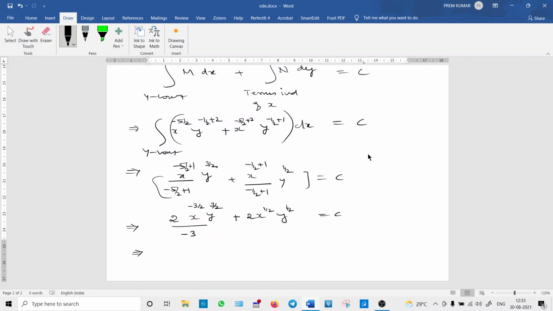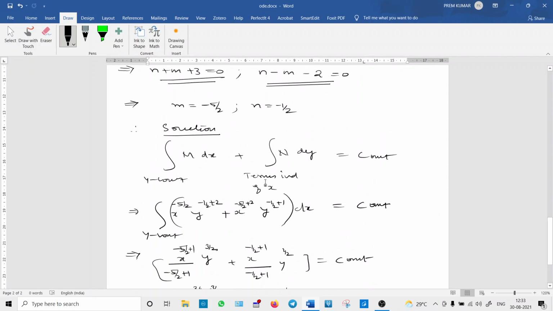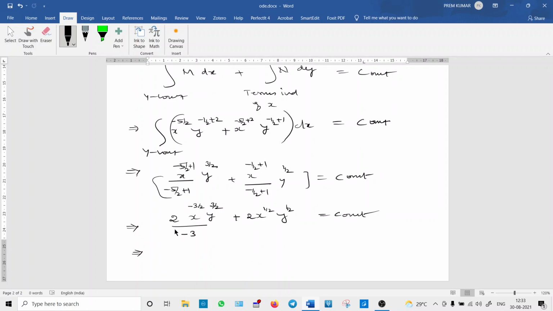Just cross multiply, we will put a constant, finally we will put the letter c. Okay, now you just do the cross multiplication.